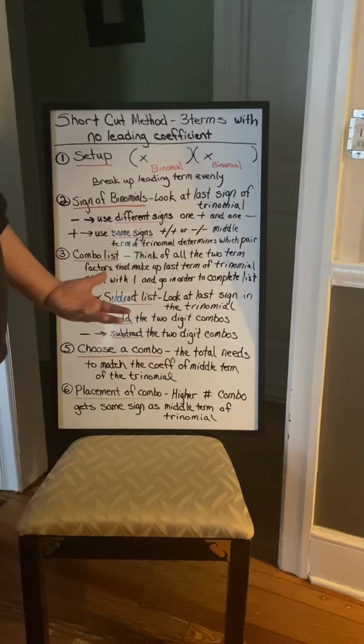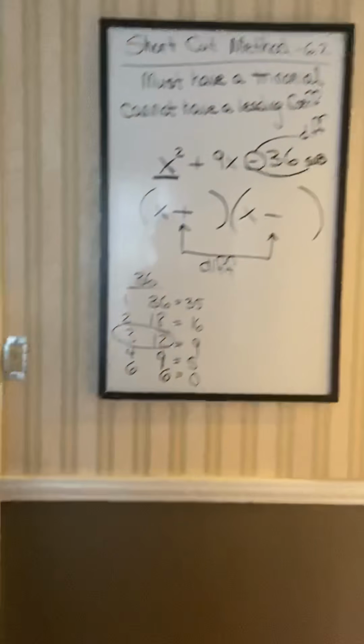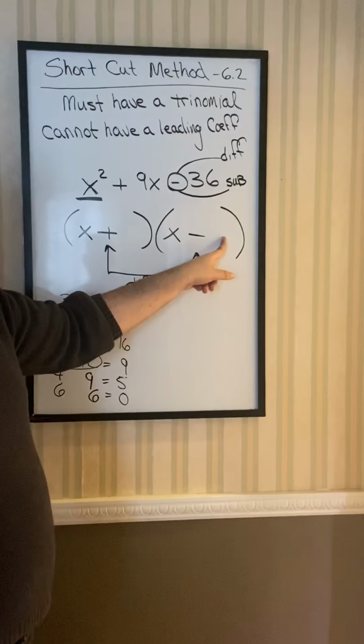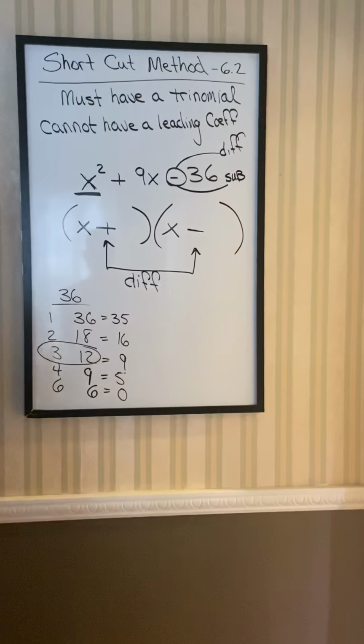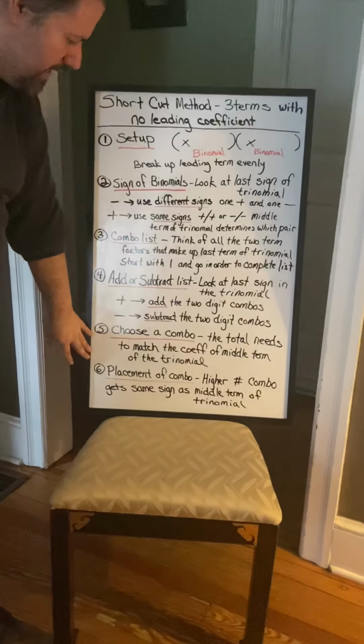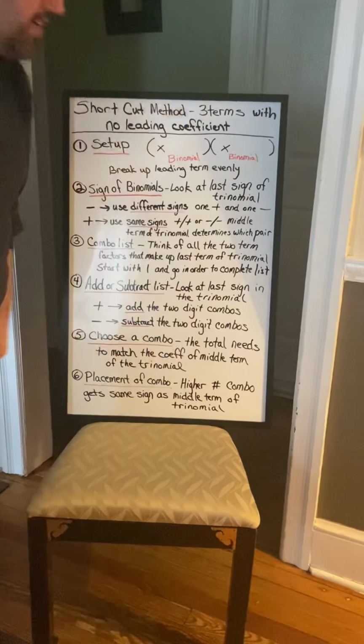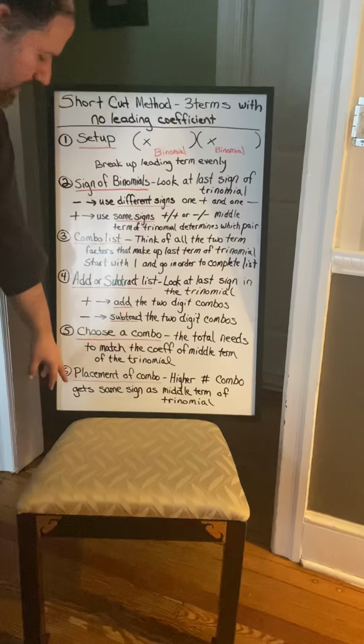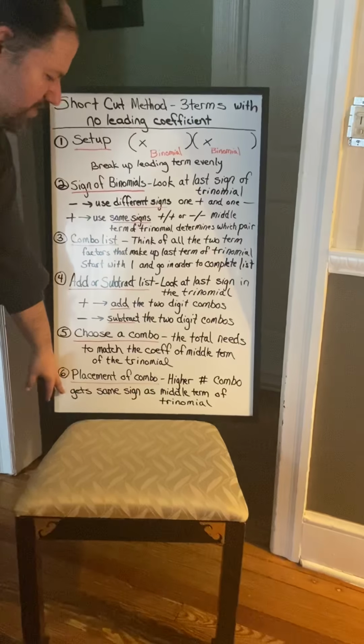The last step is placement. Because we got a 3 and a 12, do we put the 3 first? Or do we put the 3 over here? To determine where the 3 needs to go, our last rule. Take the higher number combo, so out of 3 versus 12, 12 is larger or higher, it's going to get the same sign as the middle term of the trinomial.